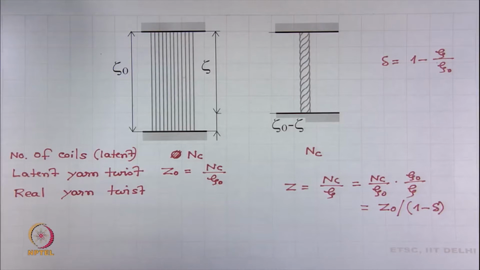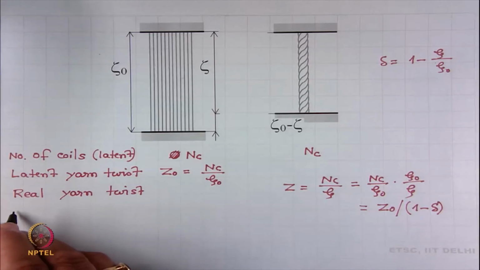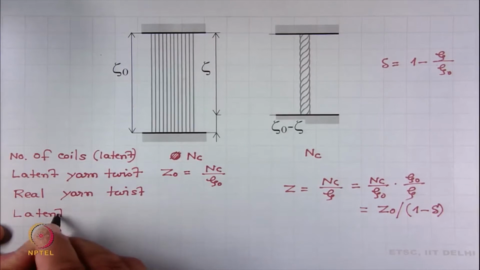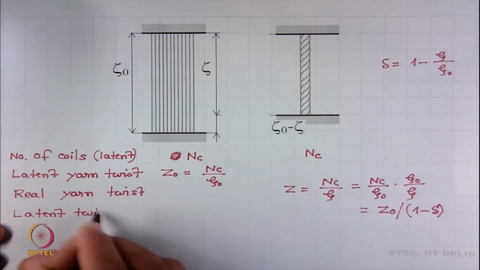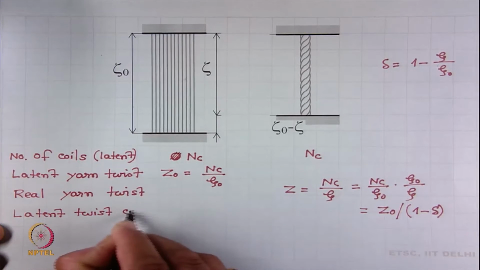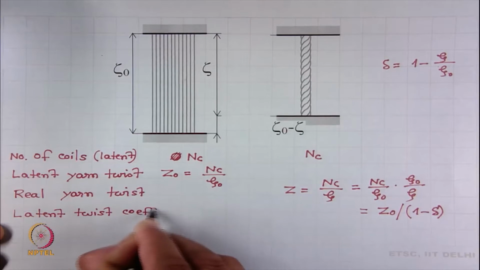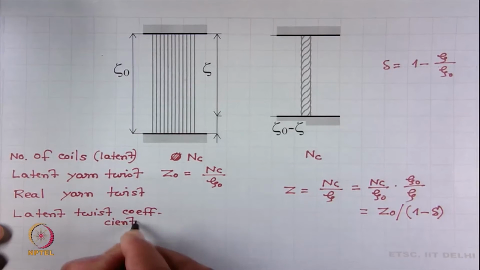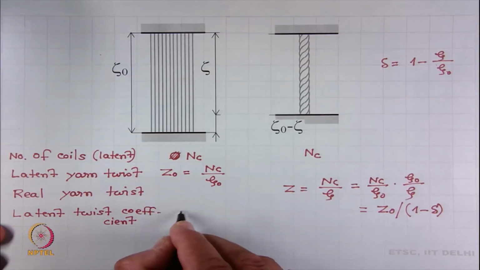Okay. Then similarly, if twist is there, twist coefficient will be there. Latent twist coefficient. What is twist coefficient?